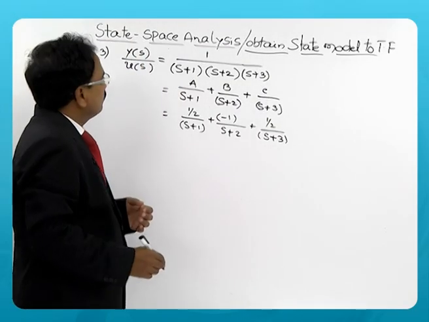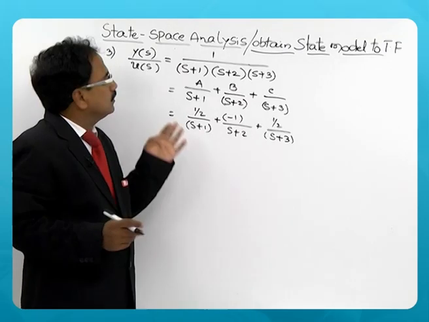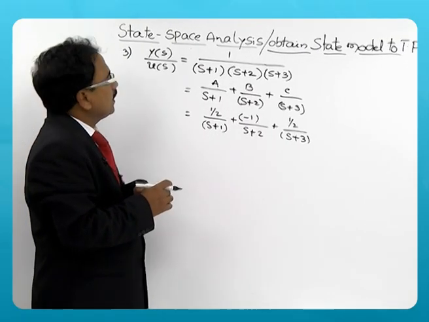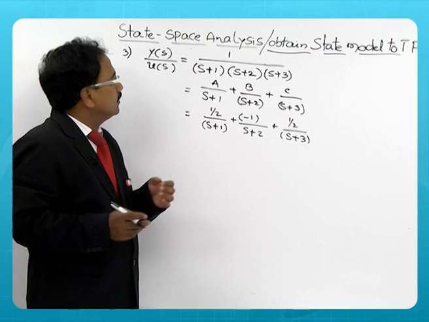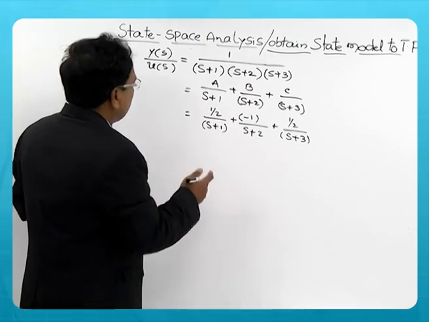So this is the first step after giving the equation in the form of poles. Apply partial fractions and get the coefficients a, b, and c.